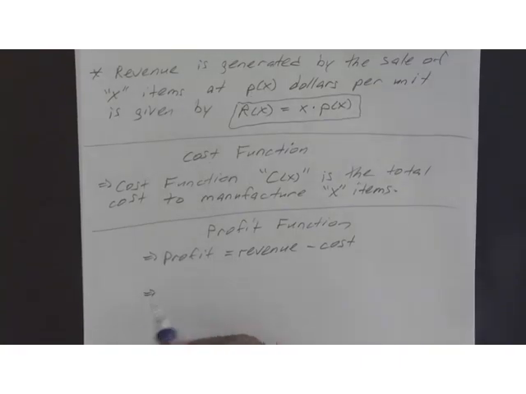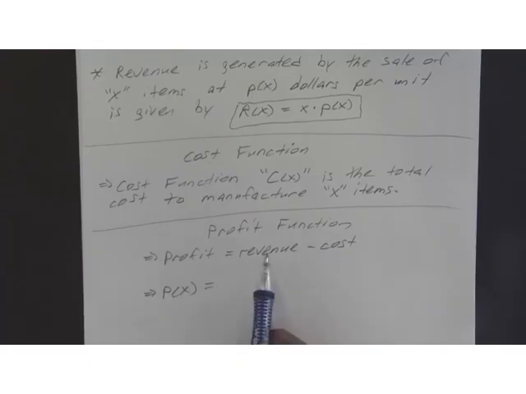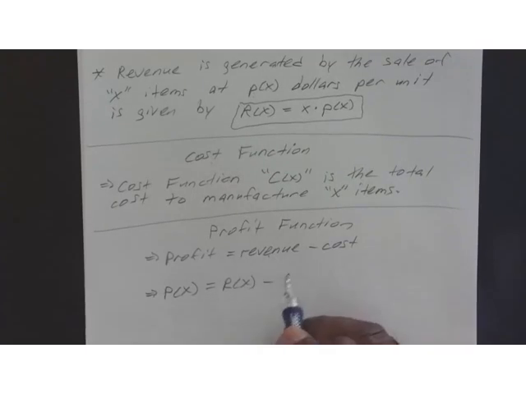So that means our profit function we'll denote as P of x is equal to the revenue function minus the cost function. All right, anyone still writing?